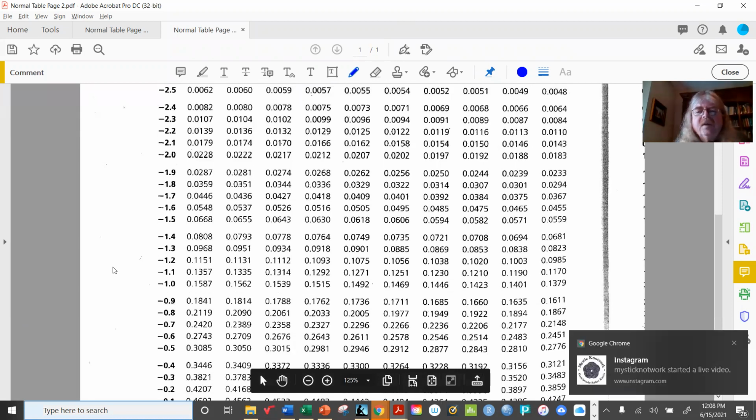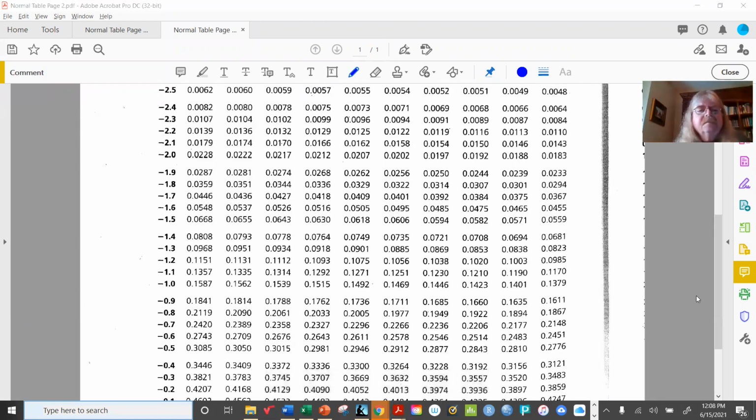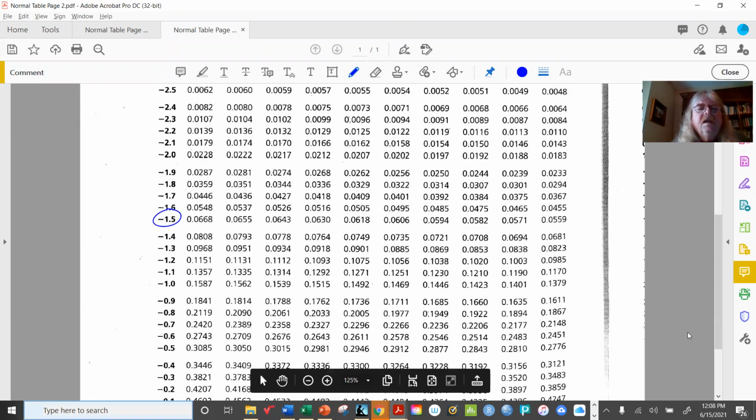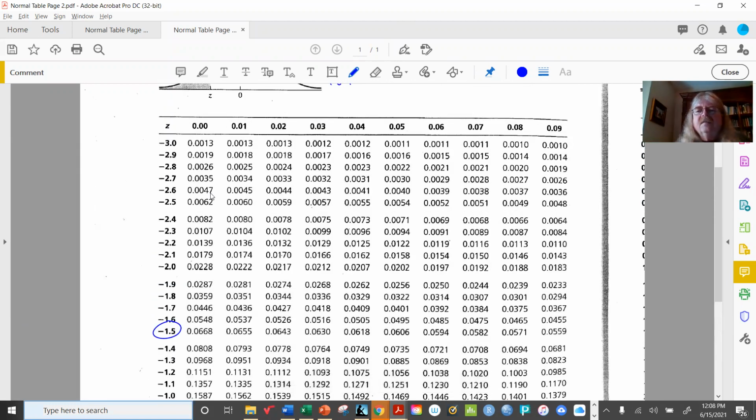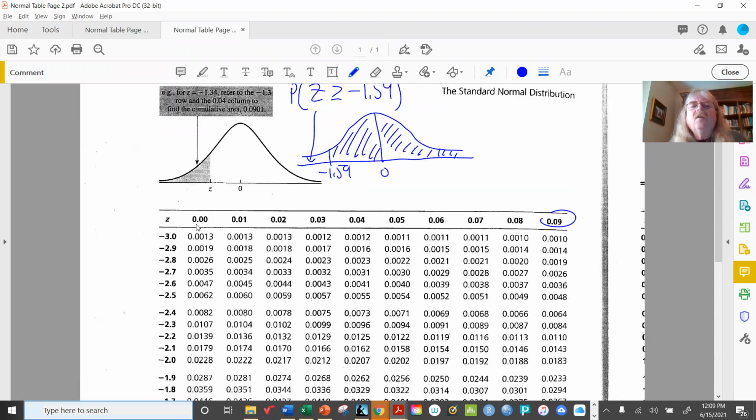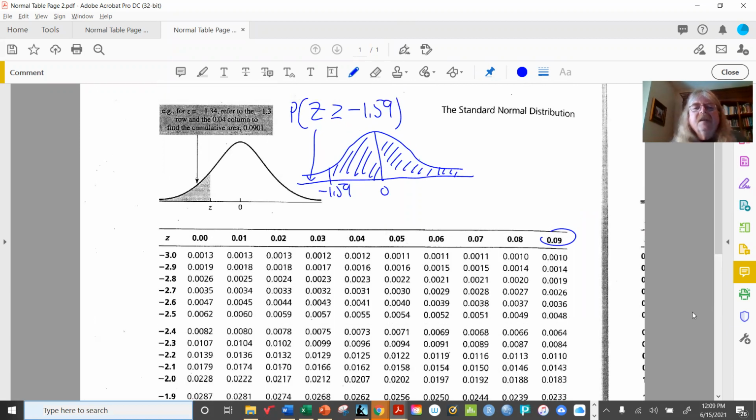Here's the negative 1.5, and here's the 0.09. Oh, sorry, my mistake. No, this is the area we're looking up in the table. Hold on, I drew this wrong. I just noticed it.